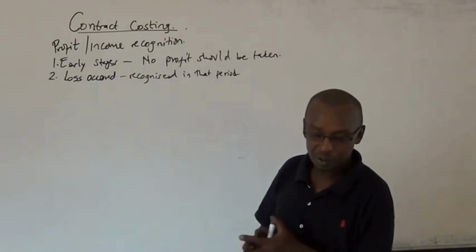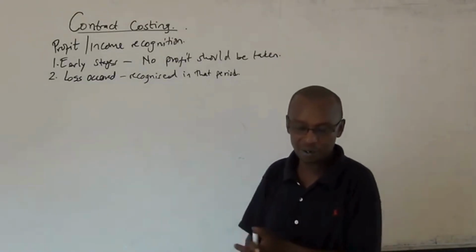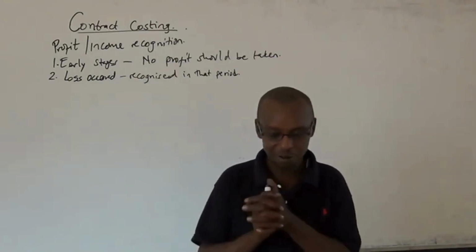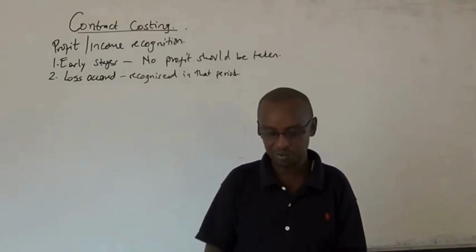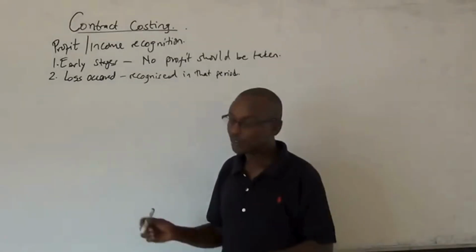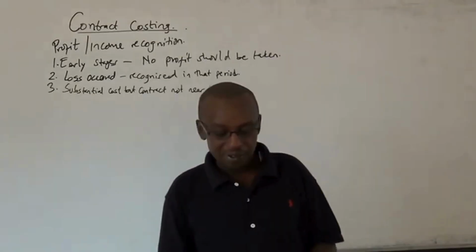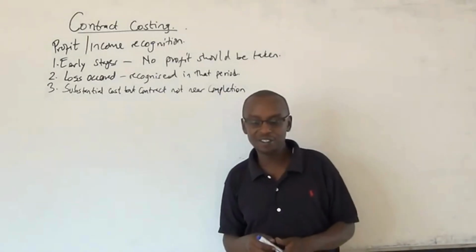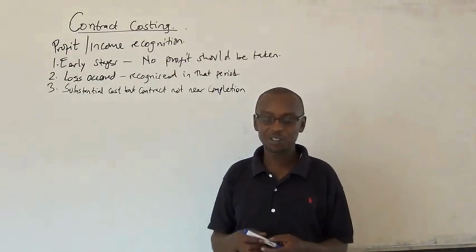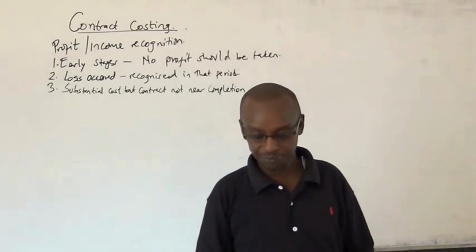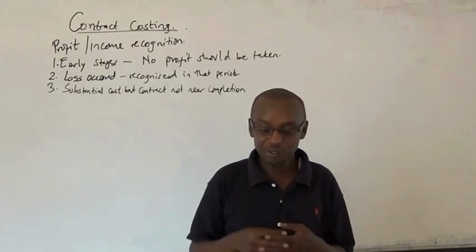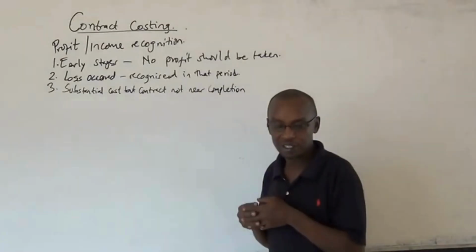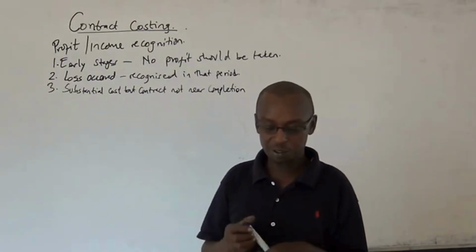Number three, when substantial costs have been incurred on the contract, but the contract is not near completion, then the notional profit is apportioned using a formula in order to determine the profit to be taken.